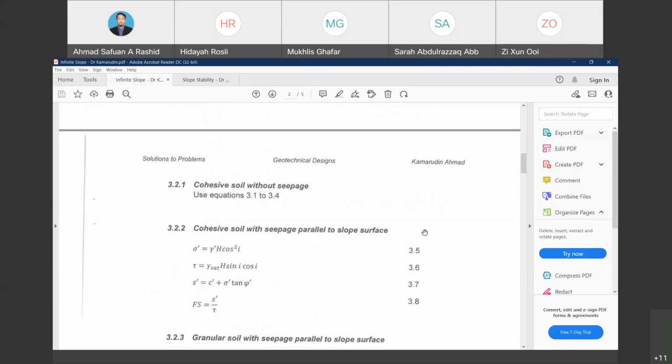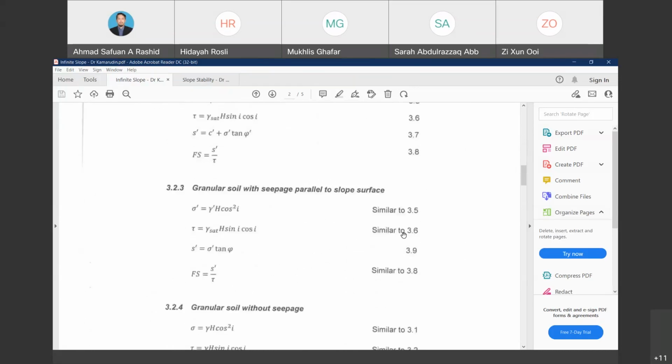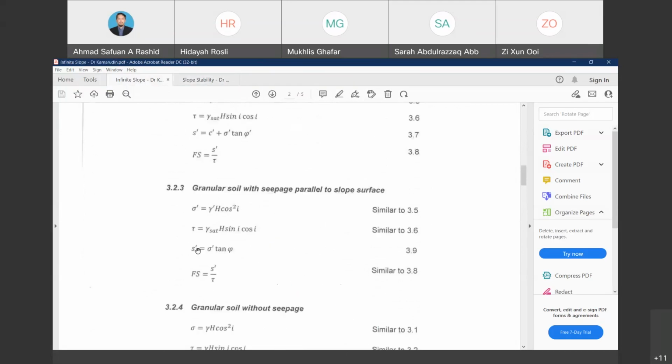we need to use equations 3.5 to 3.8. The other one is for granular soil, where there will be no C value for the S. This is tau F, while this is tau M if we refer to Dr. Noli's equation. This is the shear stress, while this is the shear strength.